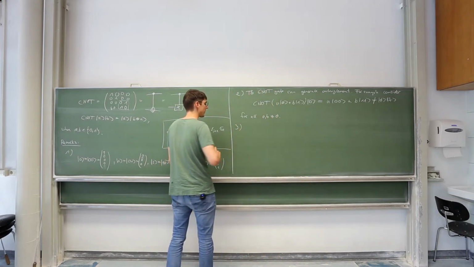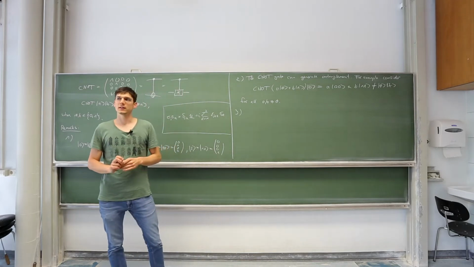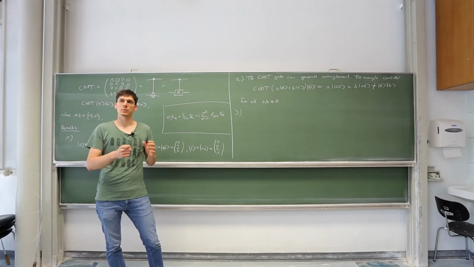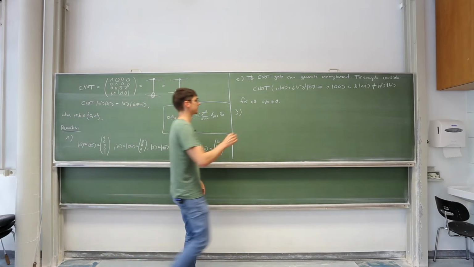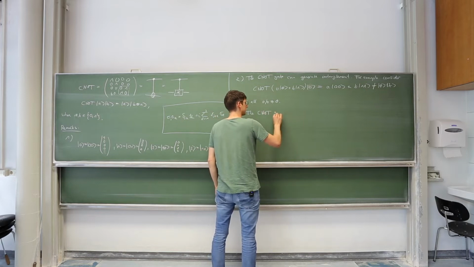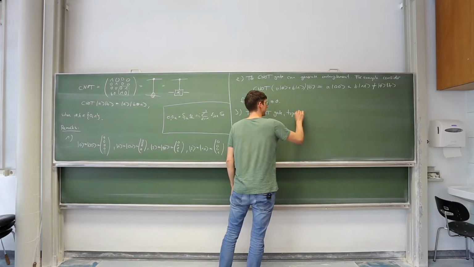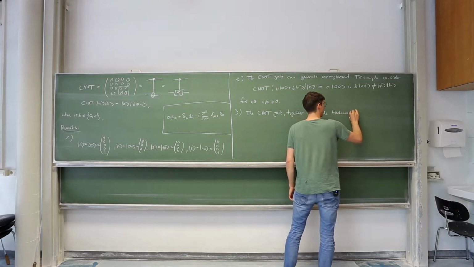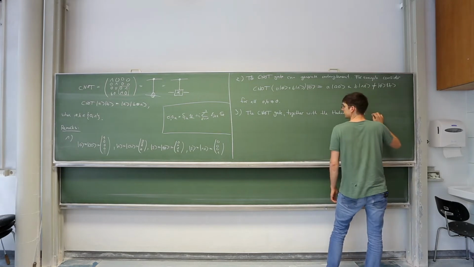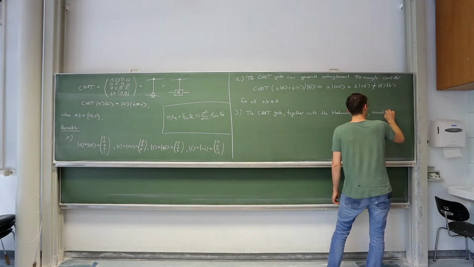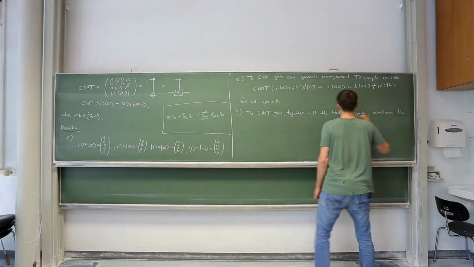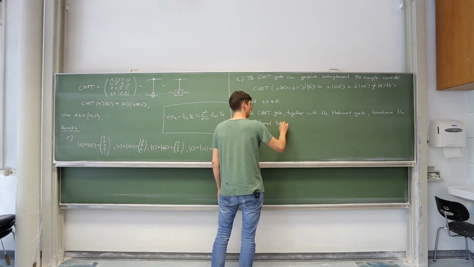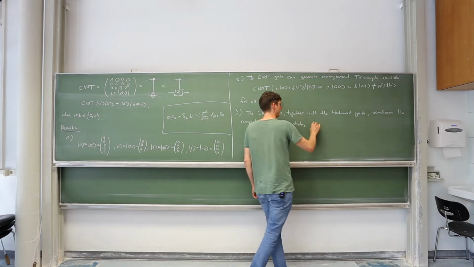So more generally, what we find is that the CNOT-gate, together with the Hadamard gate, transforms the computational basis states into the Bell states.